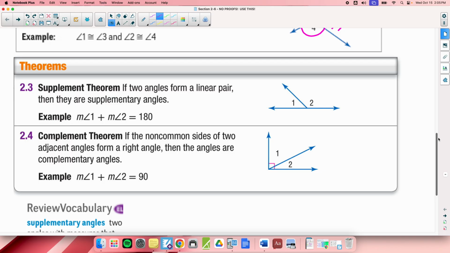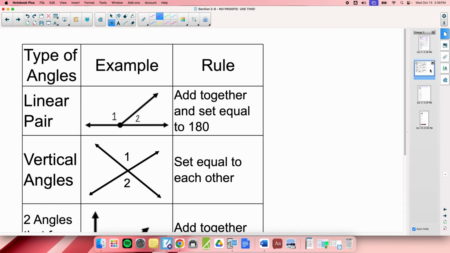And what do you know about a linear pair? They equal 180 when it's a line. And what do you think this angle and that angle should add up to? 90, because that's a right angle. So those are the kinds of things we're going to be doing today.